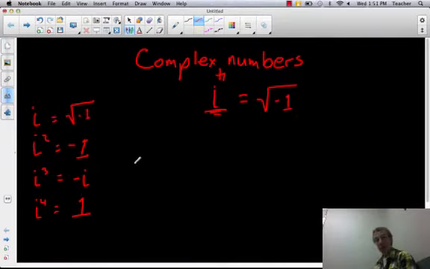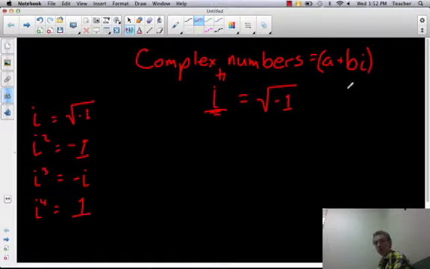So now we know what i is, but what's a complex number? Well, a complex number, you're going to want to write this down too. A complex number is just a constant plus a constant times i. This is a complex number in its most basic form.